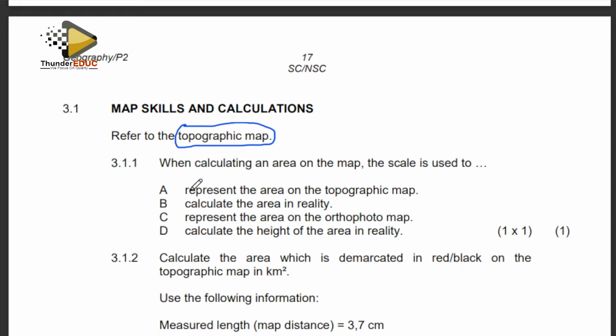When you look at this, calculating the area in reality is the right answer, because representing the area is not its only use. It is one of the subsidiary uses of the scale. Representing the area on the orthophoto map is basically looking at the orthophoto map only, so that one is out. Calculating the height, we can also use it, but it is not for calculating the height. So the right answer there is A.